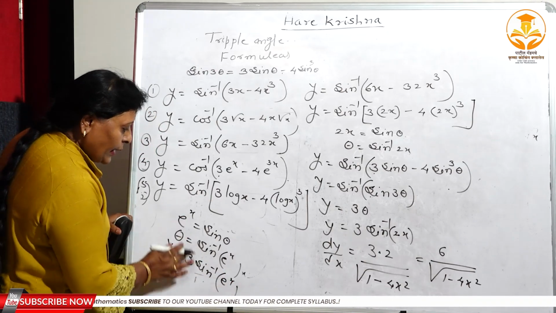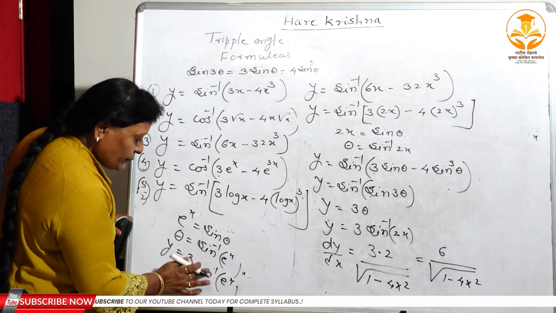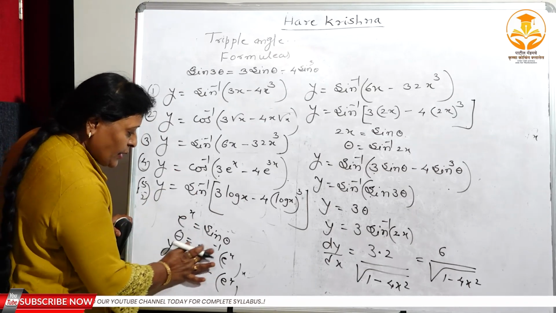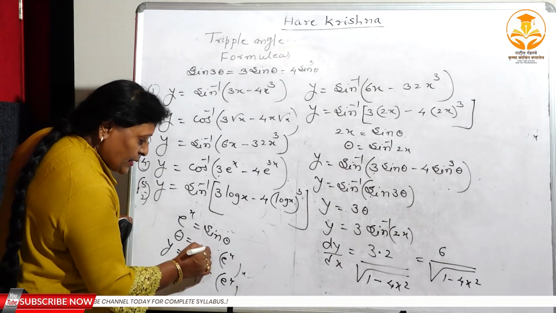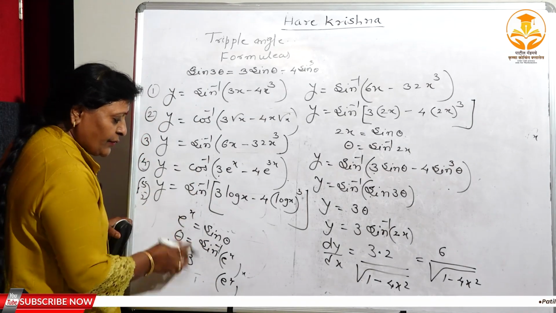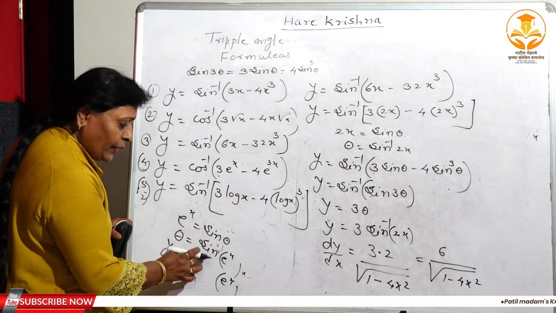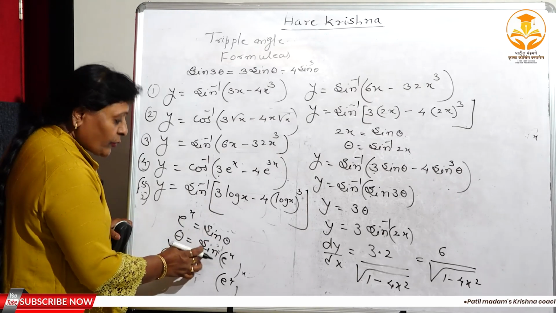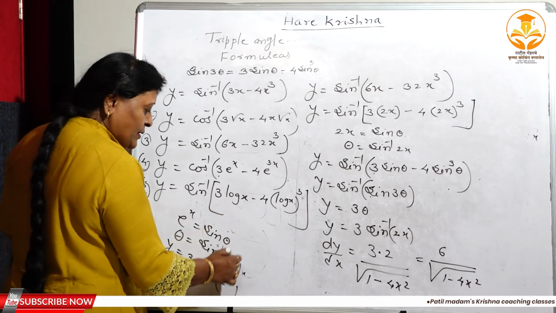But here there is a cos inverse, right? Therefore, though it is sine inverse e raised to x, there is a cos inverse, so you have to convert this sine 3 theta into the form of a cos, and you will get the answer.